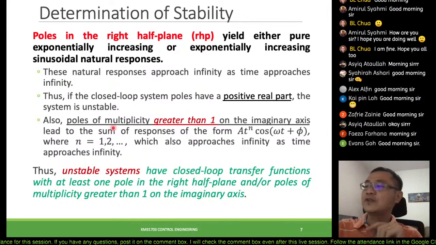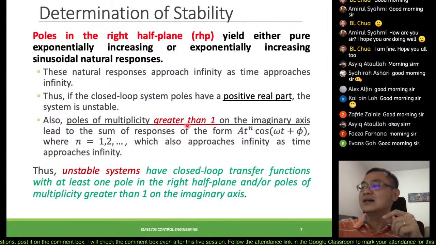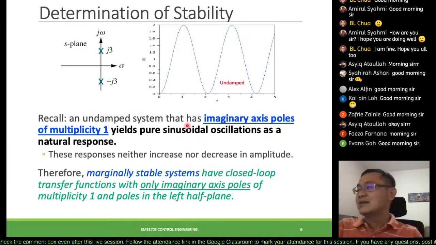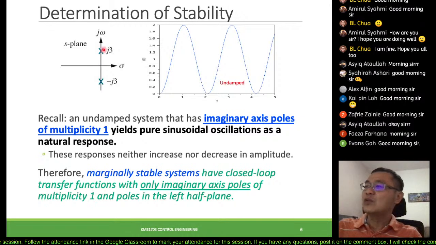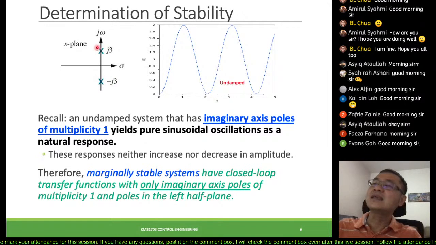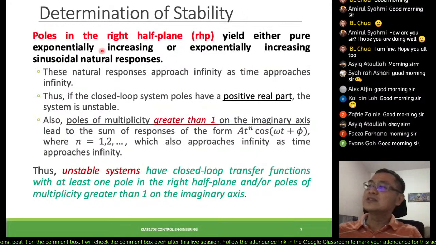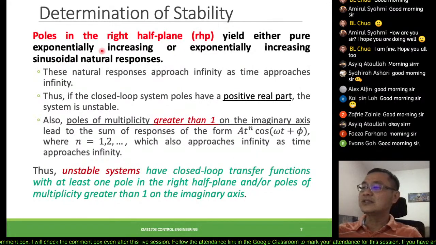Also, if the poles have multiplicity greater than one on the imaginary axis, remember previously multiplicity of 1 meant only 1 point at j3 and 1 point at minus j3, let's say. If we have 2 points lying at the same point j3, or more than that, then again that would cause the system to be unstable.